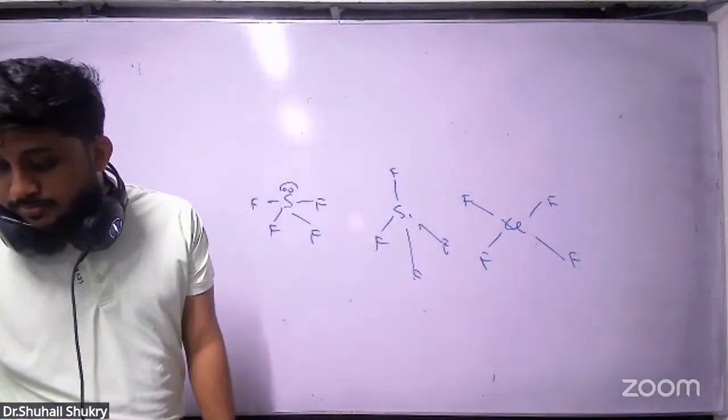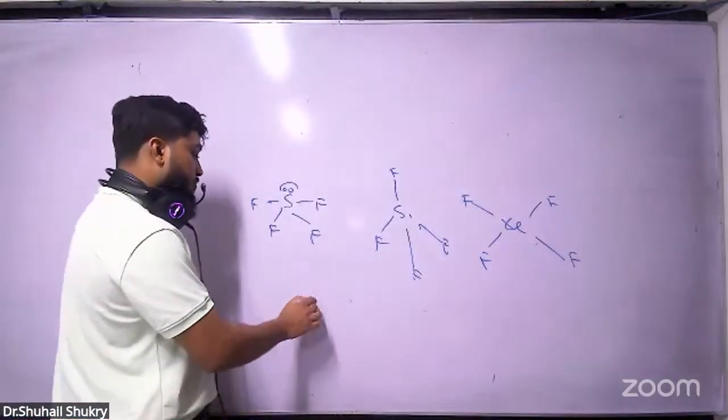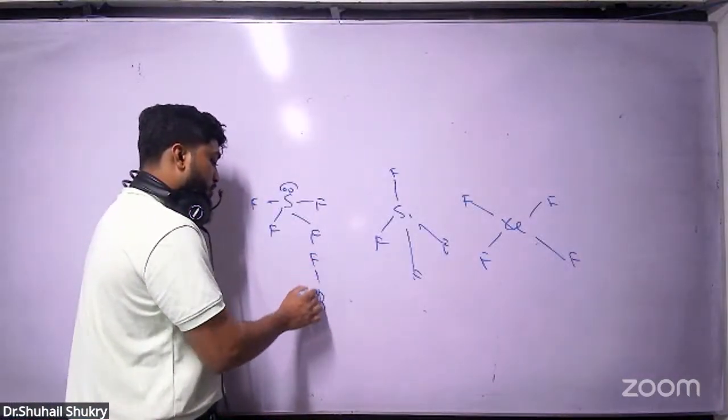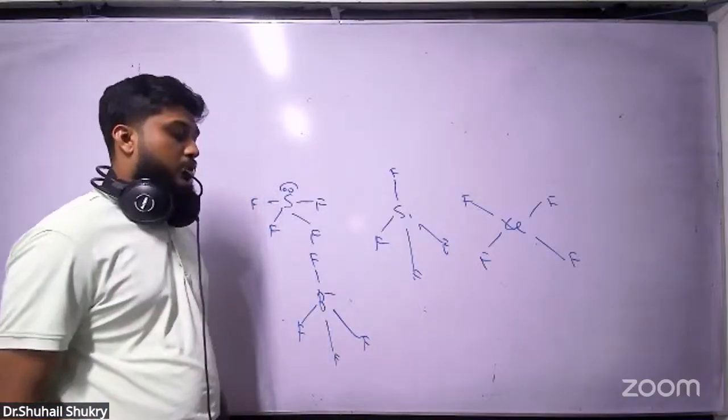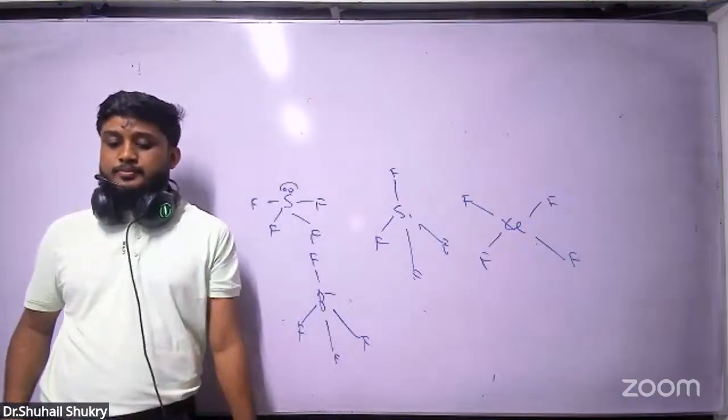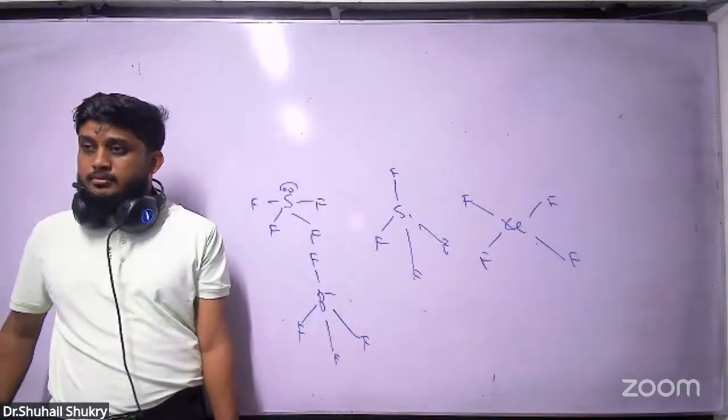Another one is BF4 minus. BF4 minus is tetrahedral.